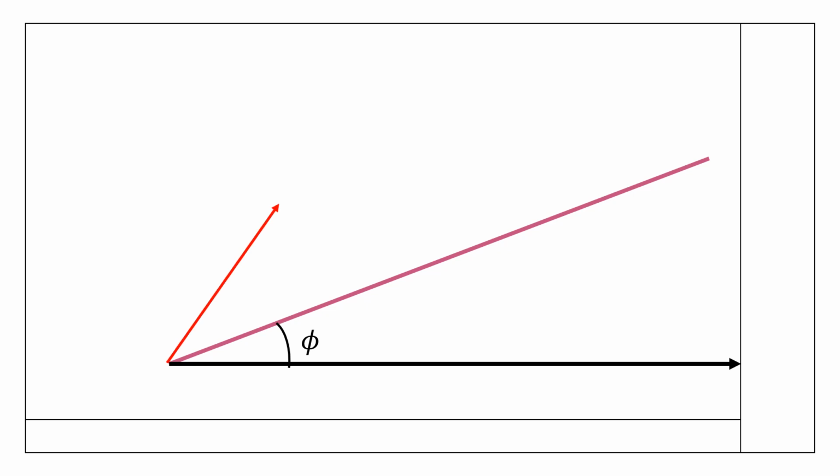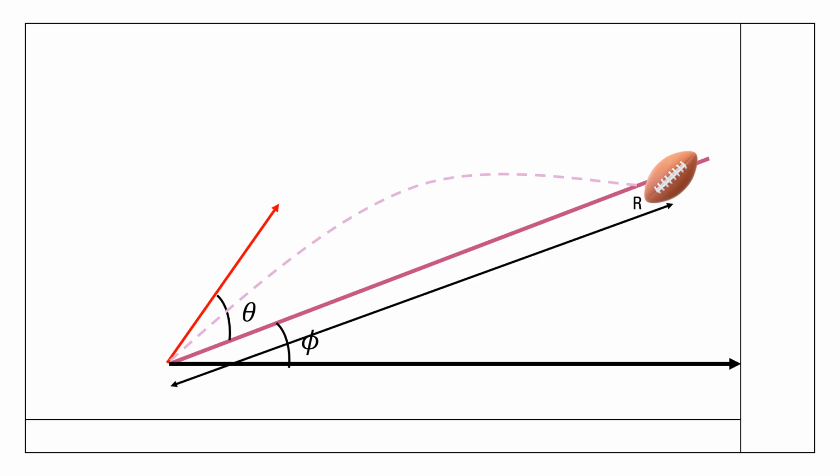Consider this is that inclined plane which is inclined at an angle of phi with the horizontal. Let us consider that the projectile is projected in this direction with angle of projection theta, and this is the trajectory of the projectile. So the range of the projectile on the inclined plane is r.